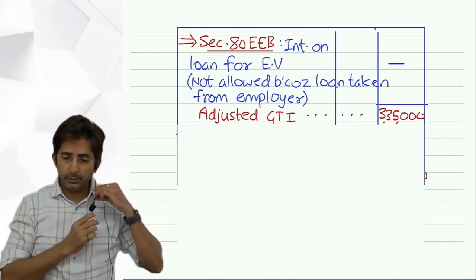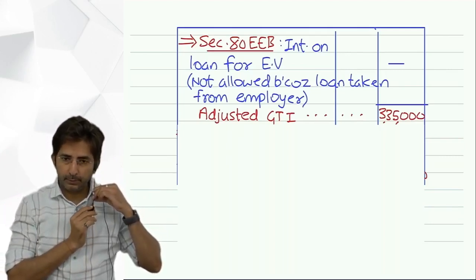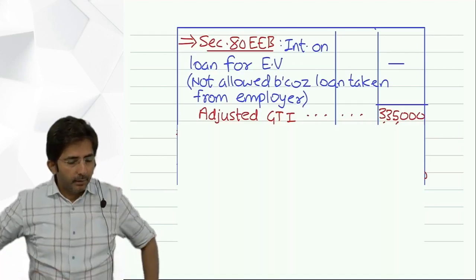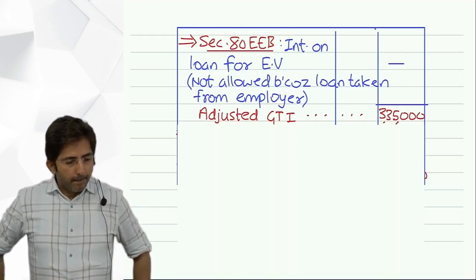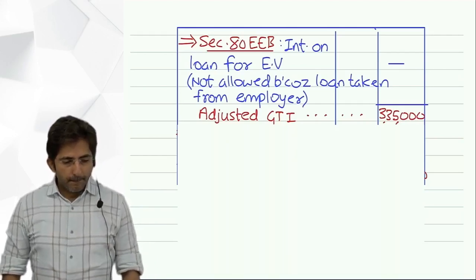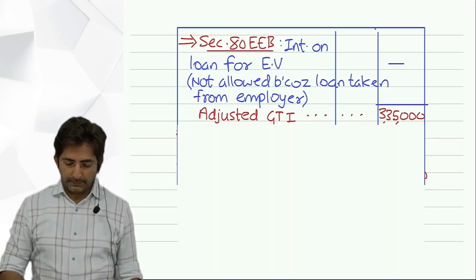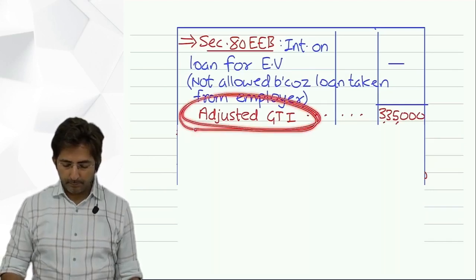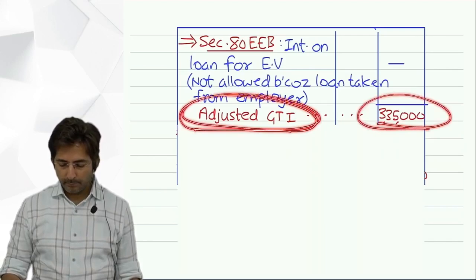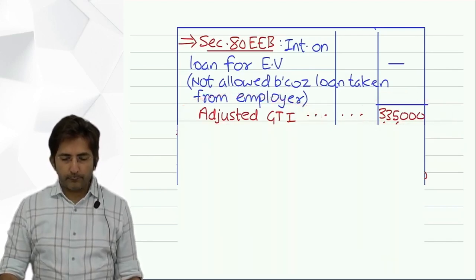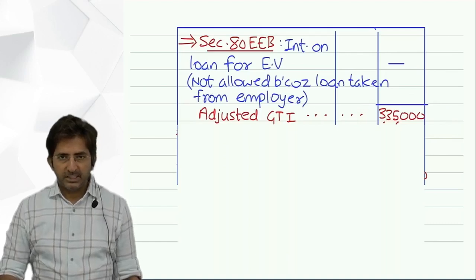Before deduction it was GTI, but after deduction it will become adjusted GTI. Use the same color combination as I have done. Now we are left with only one thing, 80GG.